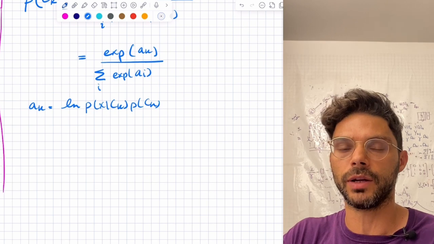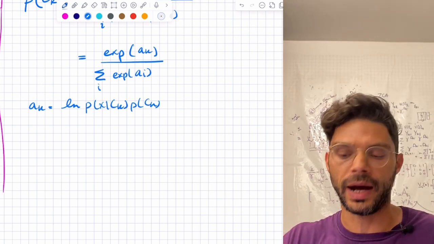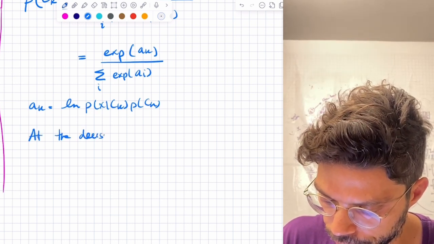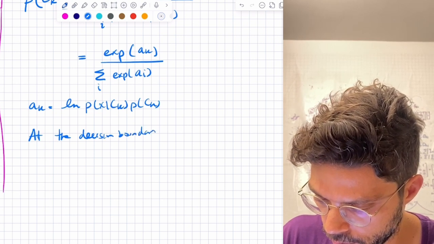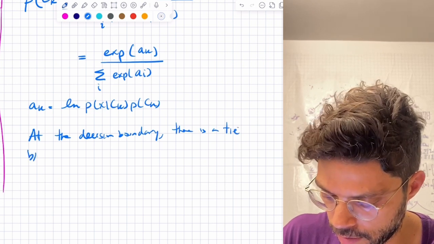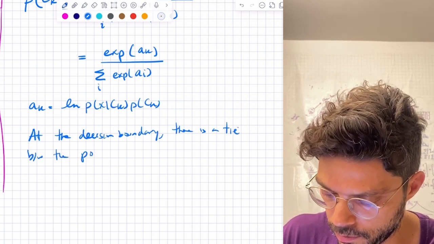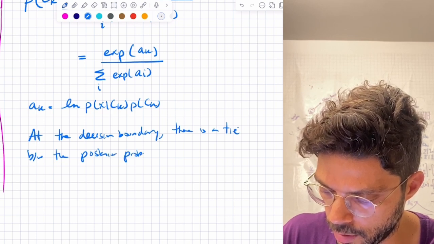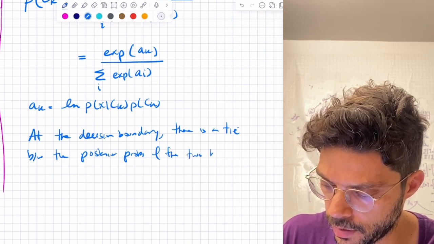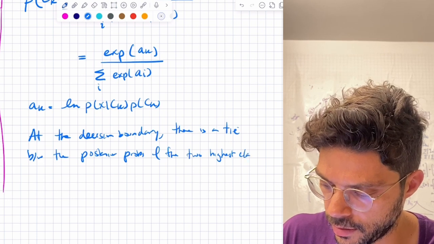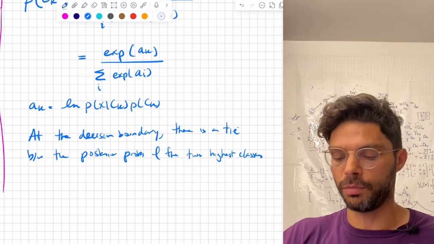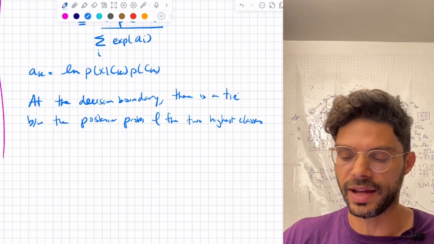So at a decision boundary, there is a tie between the posterior probabilities of the 2 highest classes. That's why you have to make the decision. So we're going to figure out where those points are, and what that generally looks like.